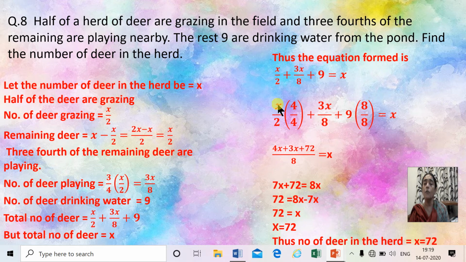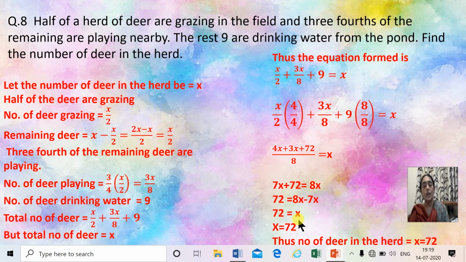Now x into 4 is 4x upon 8, so I took the common denominator 8, plus 3x and plus 72 upon 8 is equal to x. So 7x plus 72 is equal to 8x. I take the 7x to the other side, I get 72 is equal to 8x minus 7x. So 72 is equal to x, so x is equal to 72.